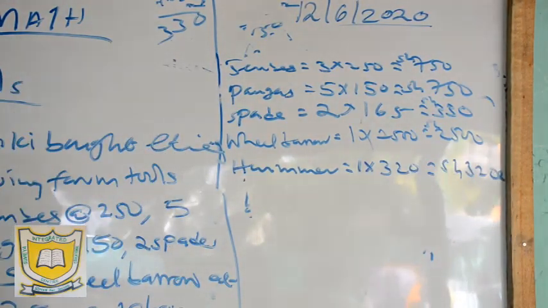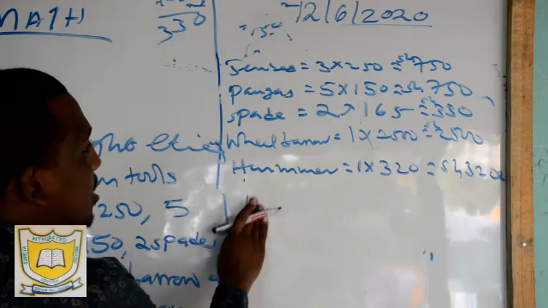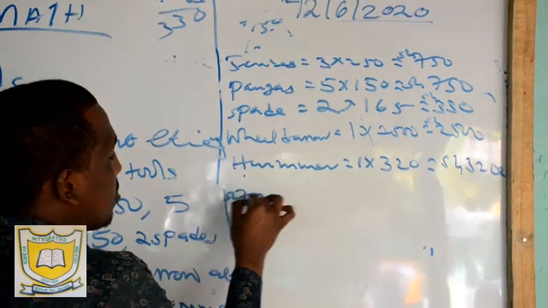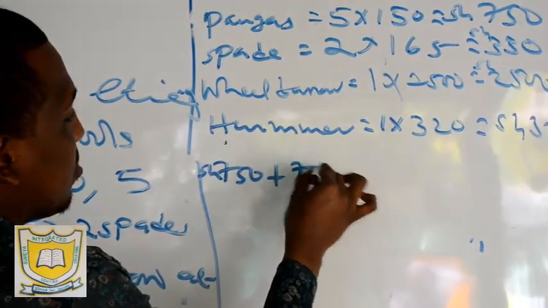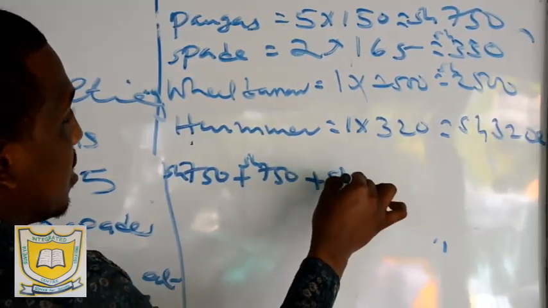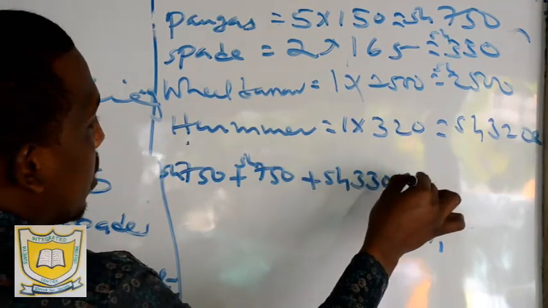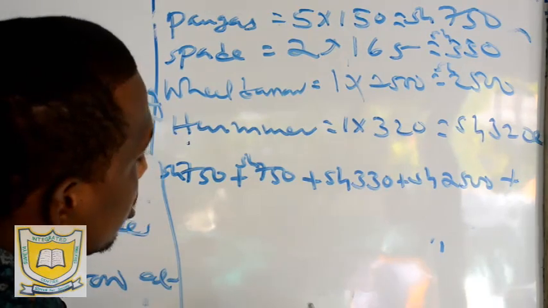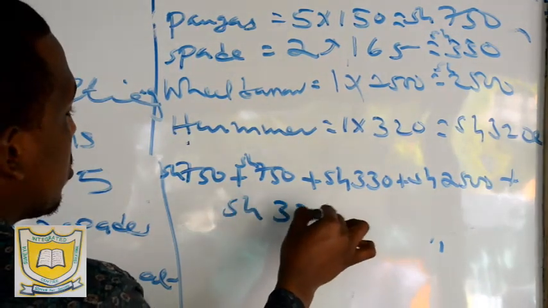Now let us add the bill. You get shillings 750 plus shillings 750 plus shillings 330 plus shillings 2,500 plus shillings 320.